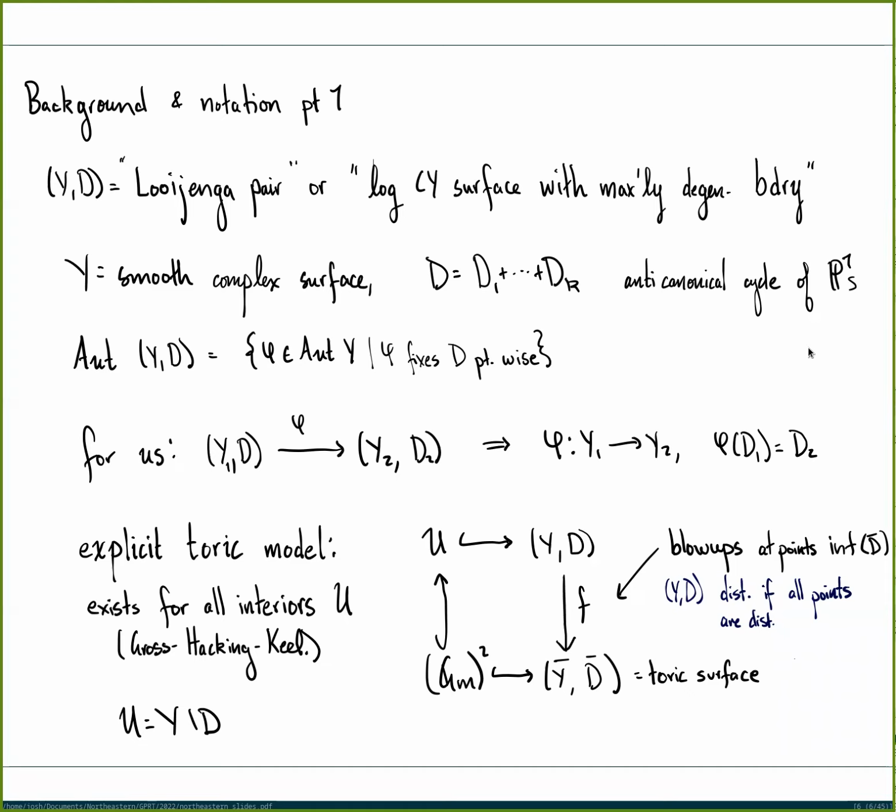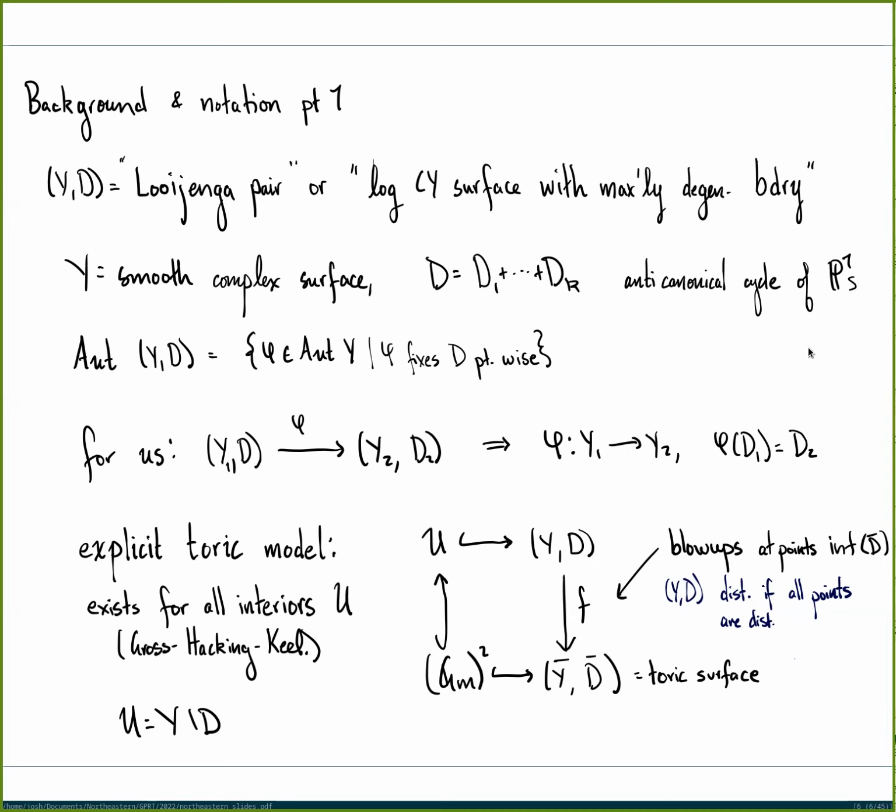You take some toric surface, and then you have a copy of C star squared, or if you like G_m squared, sitting inside of the toric surface as the complement of the toric boundary. And if you start blowing up interior points on the toric boundary divisor, and you take the proper transform of the boundary divisor, then you get one of these log-Calabi-Yau surfaces, and then you can look at the interior of that and you get back the original U.